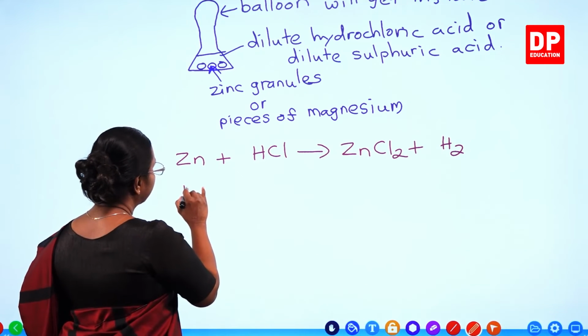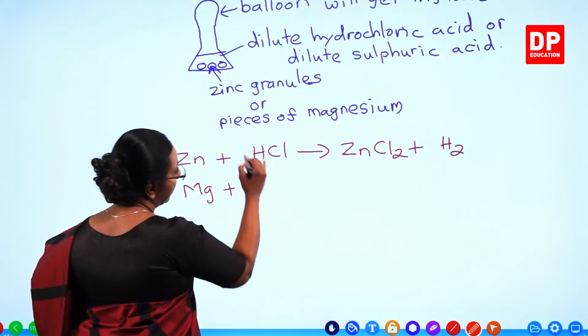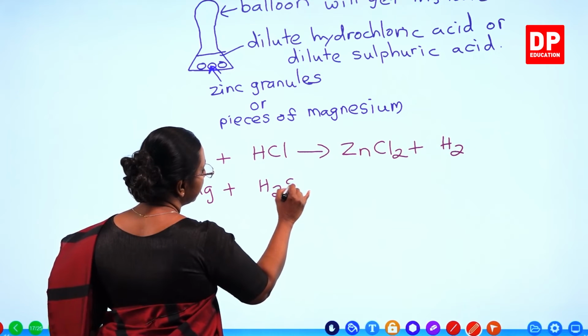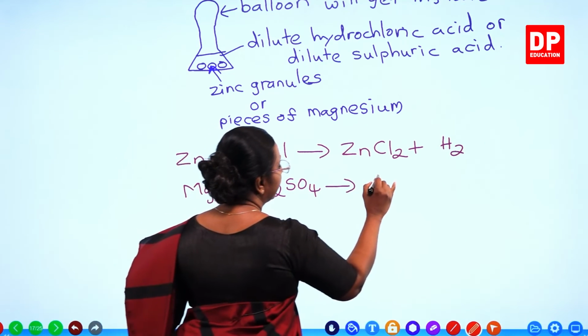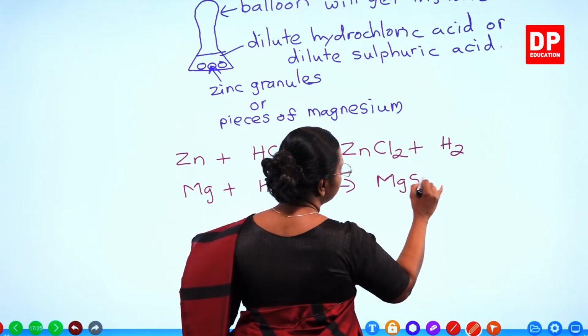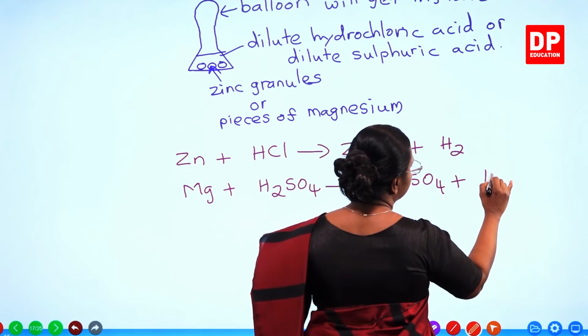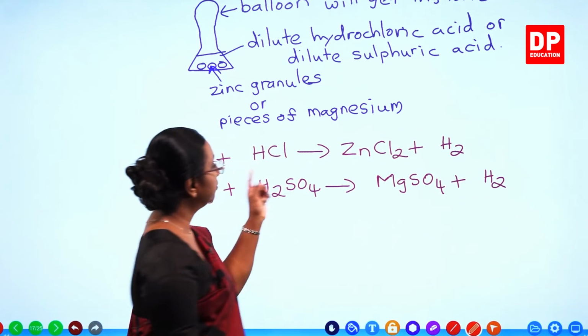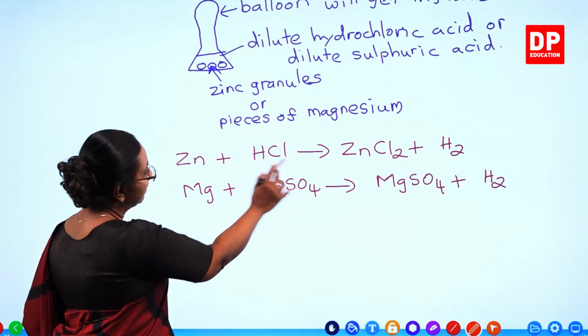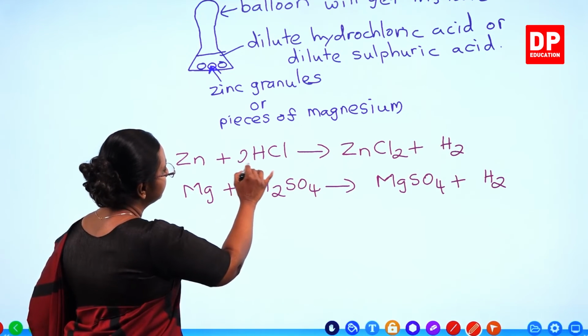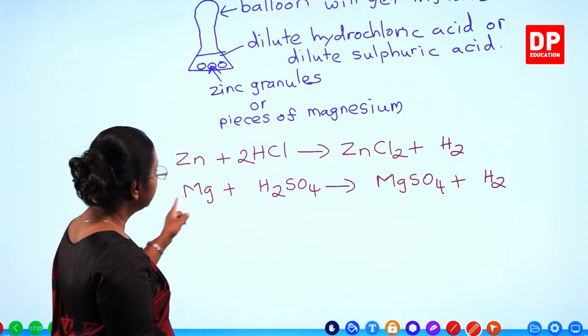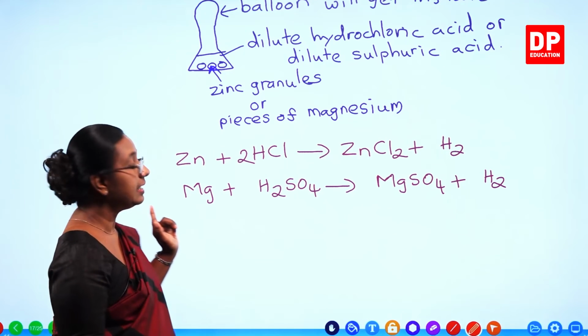If it is magnesium, I'll write it with sulfuric acid, H2SO4, you will get MgSO4 and H2. You need to balance the equation, zinc plus HCl, by putting a 2 there. But this reaction, of course, is already balanced.